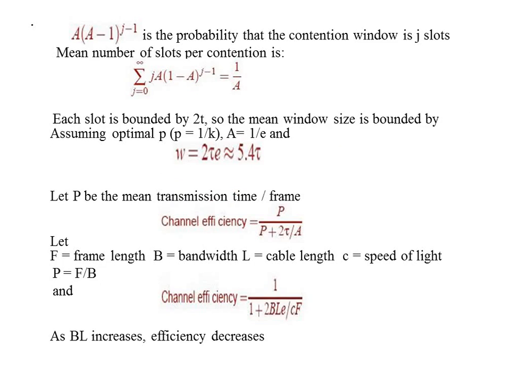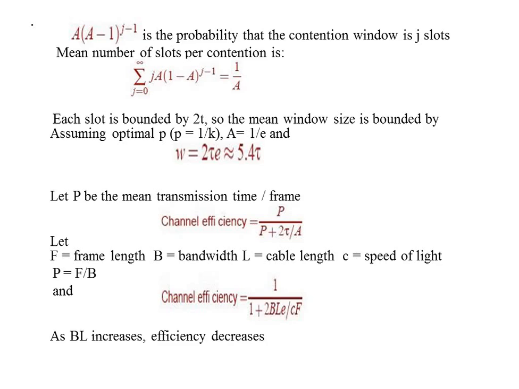Now let us consider that there are J slots. We have already seen the contention window in CSMA/CD type of communication. Then what do you mean by contention window?